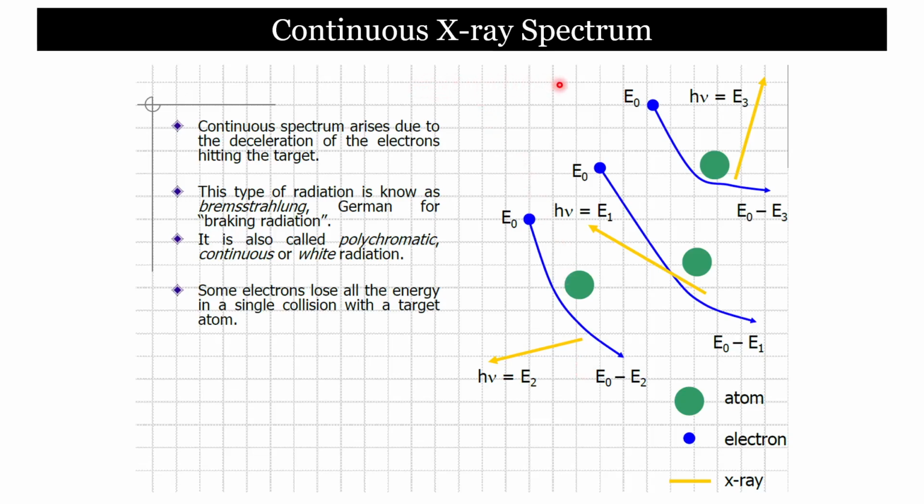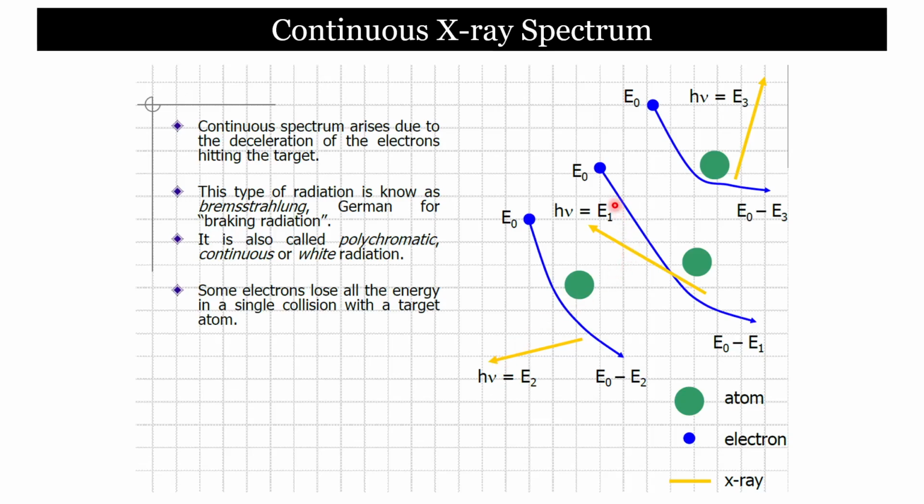This continuous X-ray spectrum arises due to the deceleration of the electrons when they are hitting the target. When the electrons are coming to the target, the incoming electron beam, this blue one, can go through a certain amount of deviation and generate some energy, shown by this yellow arrow, which is the X-ray.